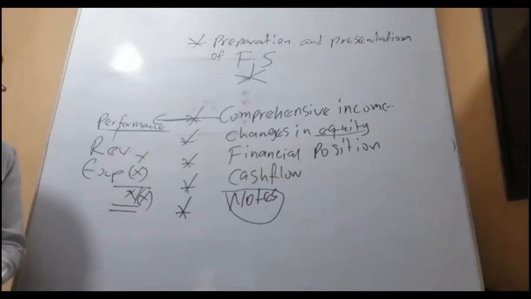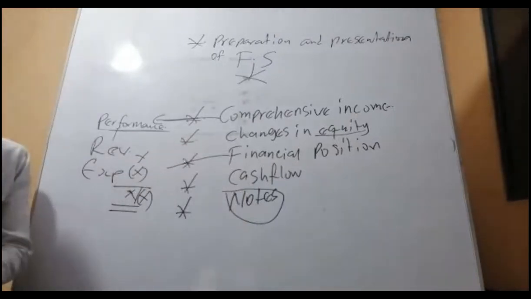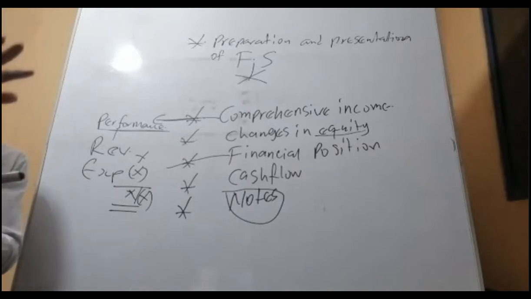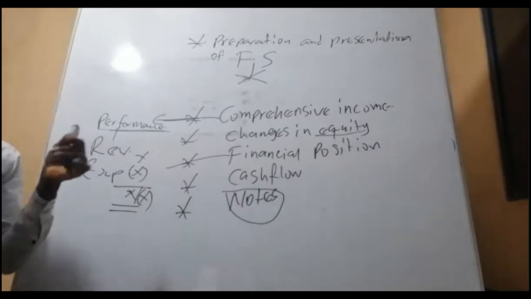Then the financial position. The financial position talks about your assets and then your obligations. Assets and what? Your obligations, like your liabilities. So all assets one side, all liabilities one side. These are all classes. The two types of asset that we learned, current and then non-current.